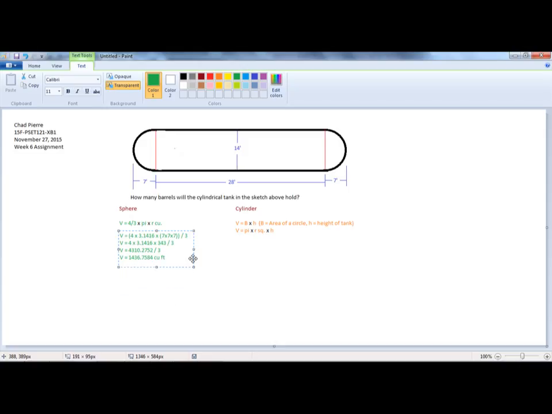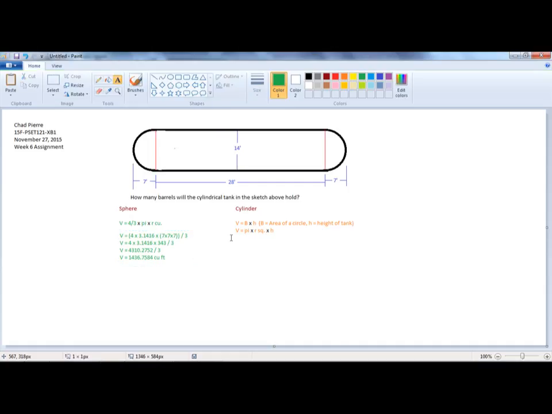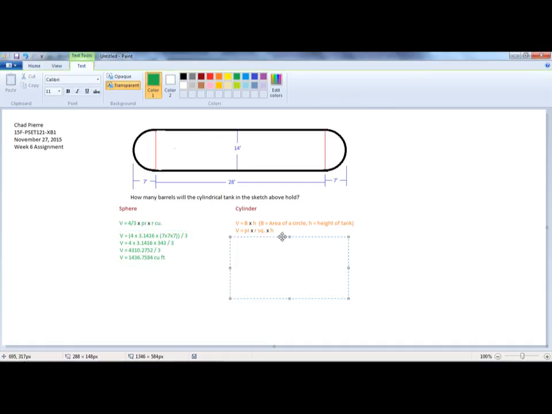Now we need to figure out the volume of our cylinder. The formula I'm going to use for the volume of a cylinder is volume equals B times H, where B is the area of a circle and H is the height of the tank.